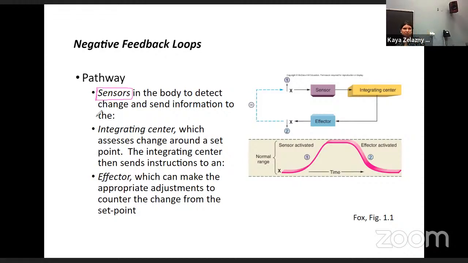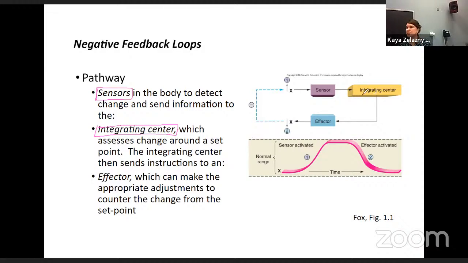So we will have some signal traveling up a nerve, likely to your brain, to our integrating center, which is going to assess that change and figure out what response we need in order to correct it. Then we have a signal going out from that integrating center.